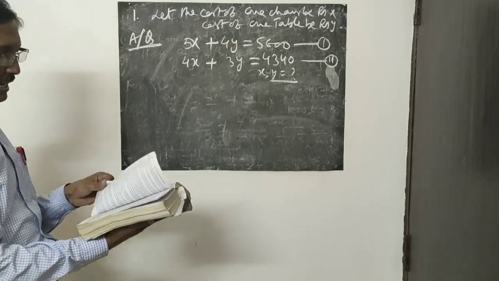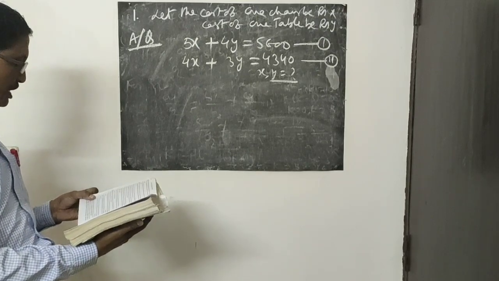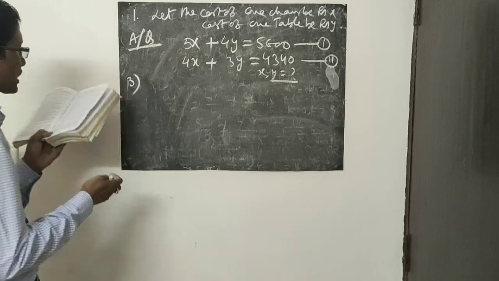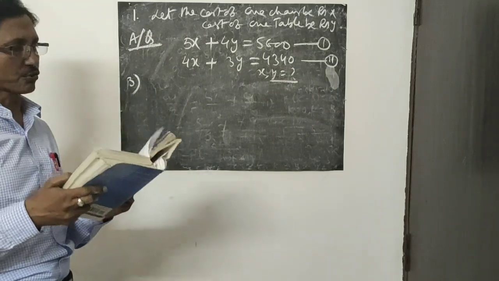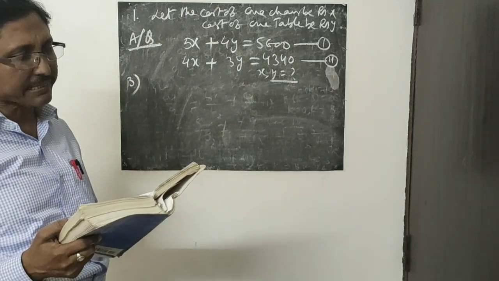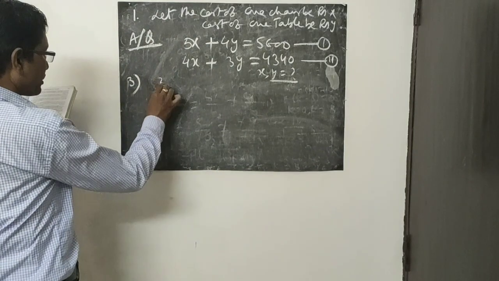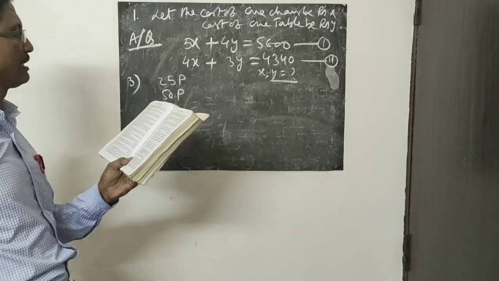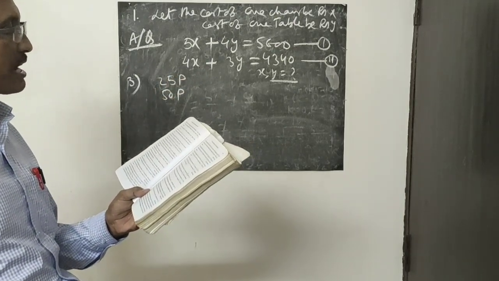In this way, another one, question number 3, if you want to do, check in your book. First read the question carefully. A lady has only 25 paise and 50 paise coins in her purse.